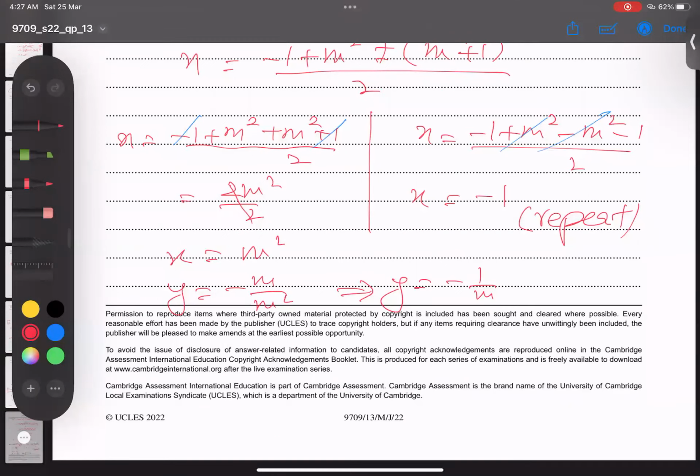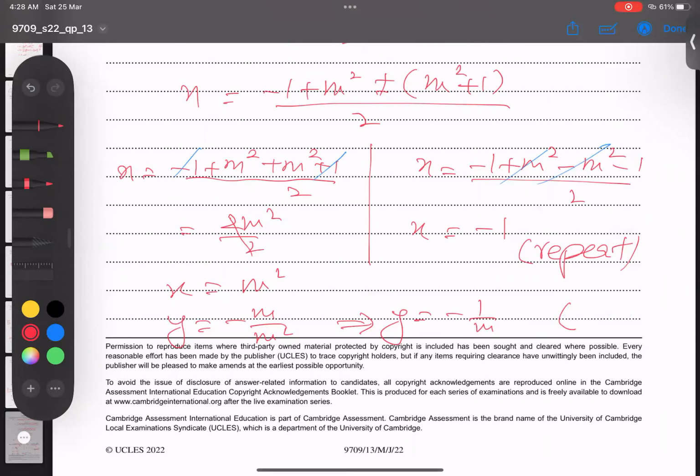Alhamdulillah, I got the point. So the x value is m to power 2 and the y value is minus 1 over m. Alhamdulillah, I believe the point is very clear. It was a little complicated, but I hope you understood well.